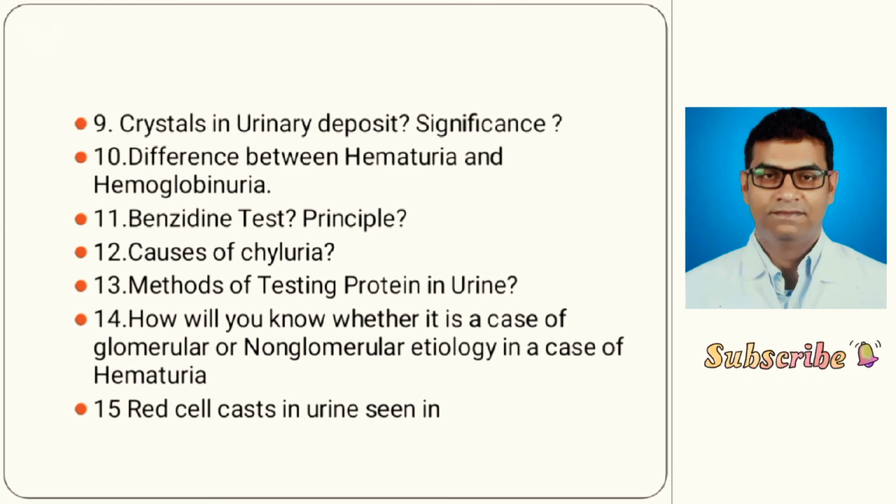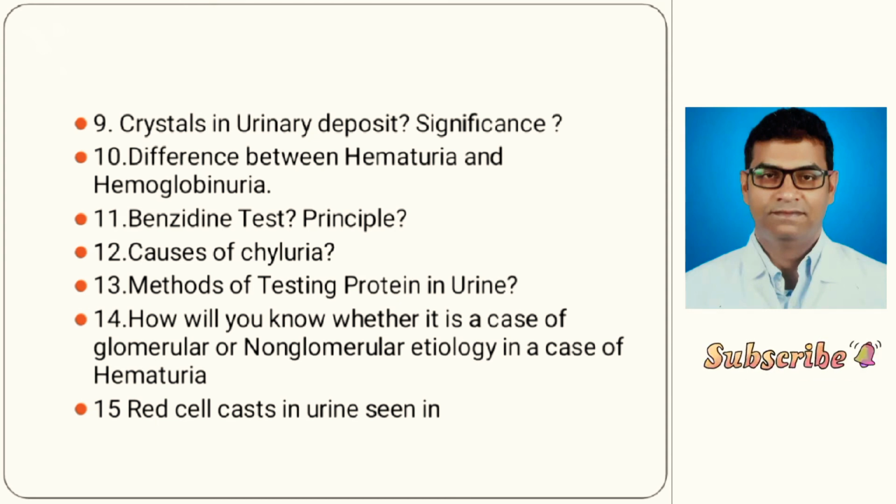What is the difference between hematuria and hemoglobinuria? Presence of red cells in the urine, often smoky, is called hematuria, and it is observed in glomerulonephritis, malignant hypertension, urinary stones, urethritis, and malignancy of the kidney and bladder. Presence of red cells is confirmed by microscopy of the urine deposit.